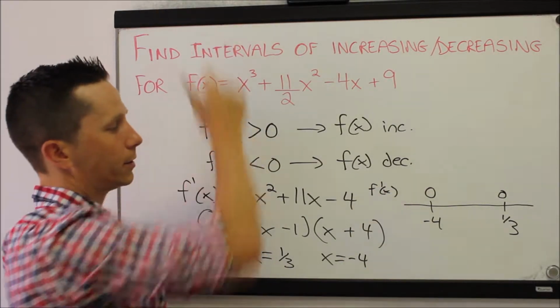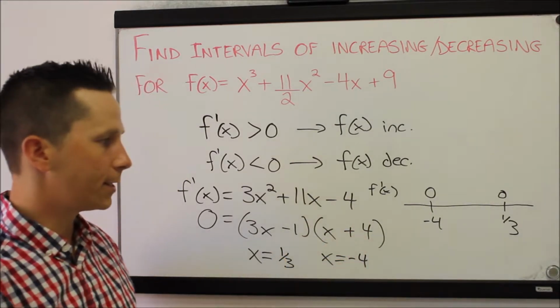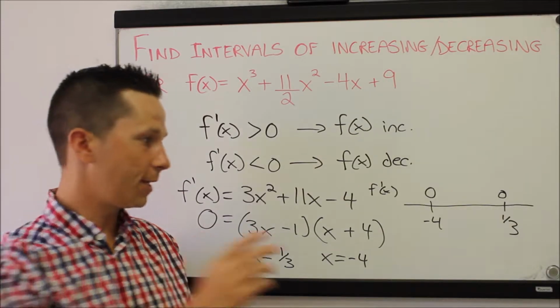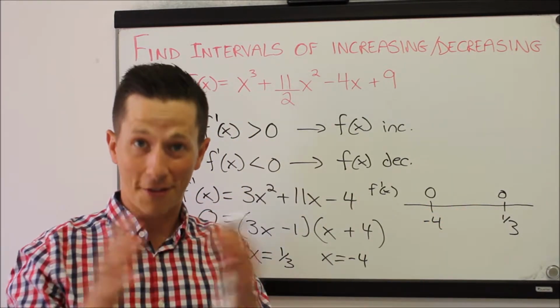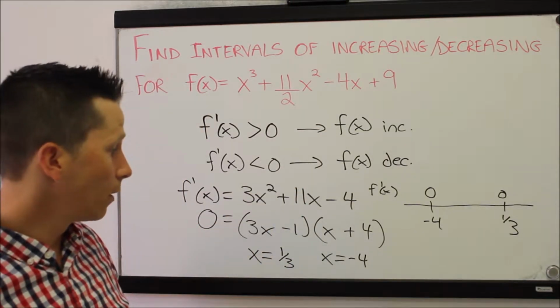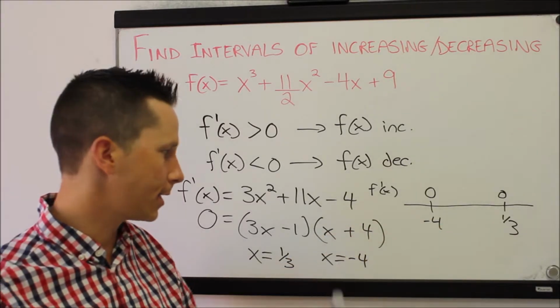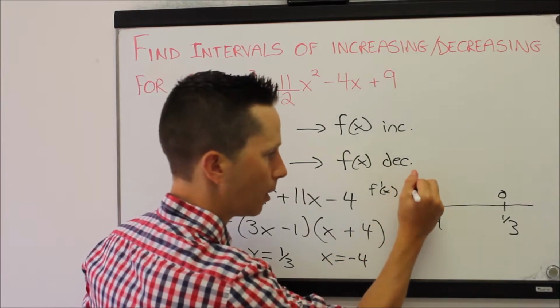Now, I'm going to test numbers in the gaps on my number line in my first derivative. Because if it equals 0 at these points, that means it's either positive or negative on the intervals around them, and that will get us where we want. So the first derivative, if I plug in negative 10, let's say, any number less than negative 4, I'm going to get a negative times a negative, which is a positive.